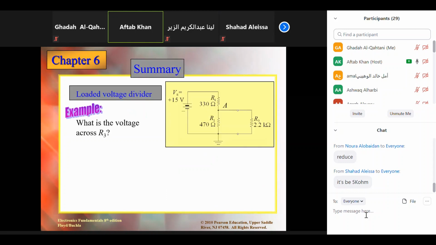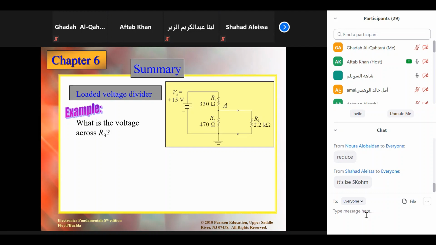Okay, let's see. What is the voltage across R3? Doctor, first we find the current.